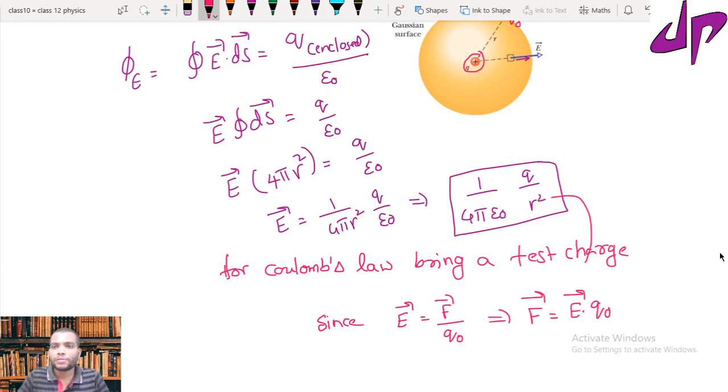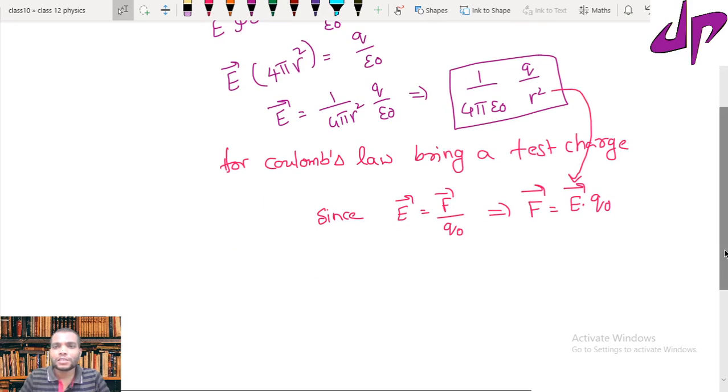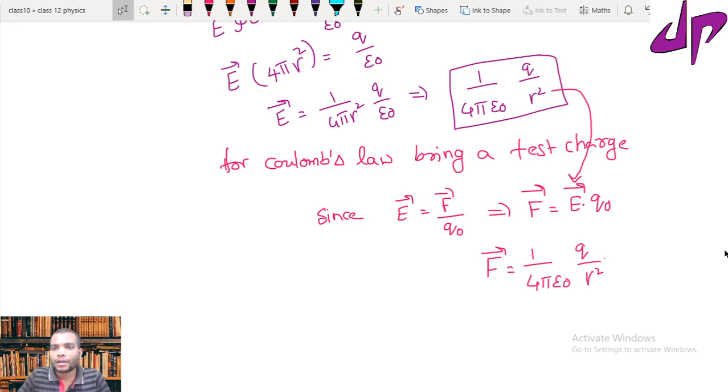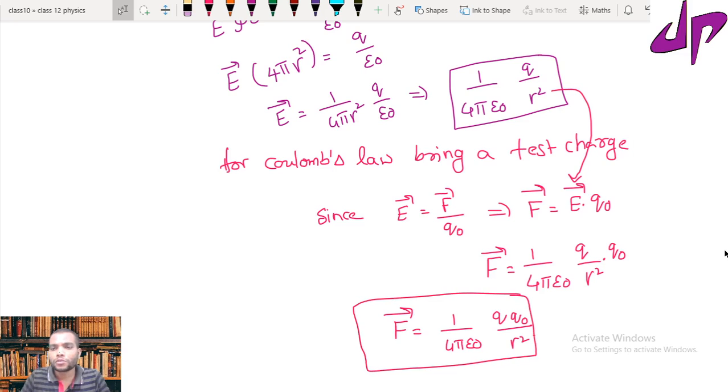Now you can substitute the electric field value here. The Coulomb force F bar equals 1 over 4 pi epsilon naught q by r square times q naught. Written clearly, F bar equals 1 over 4 pi epsilon naught q q naught by r square. So this is nothing but Coulomb's force, or Coulomb's law.